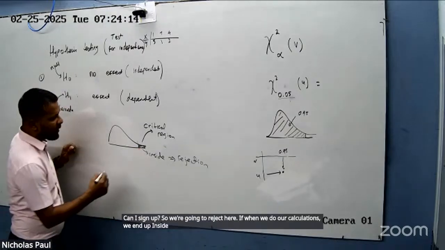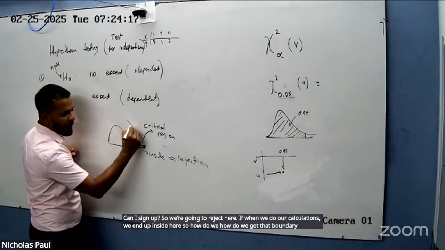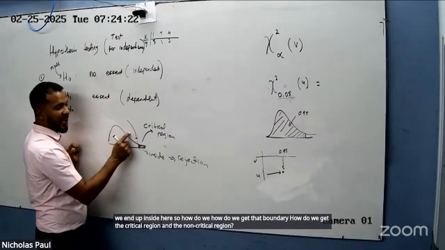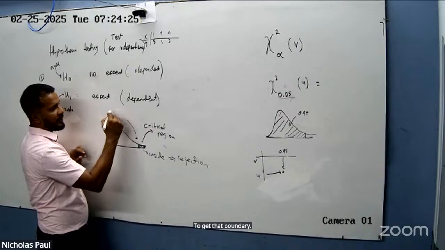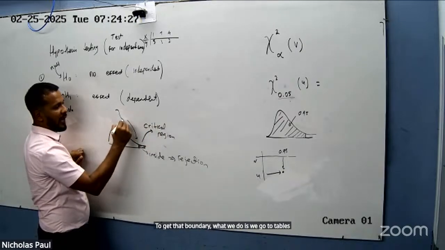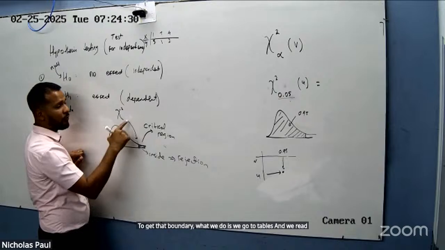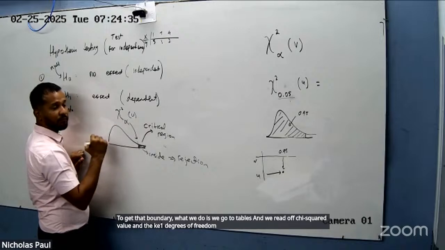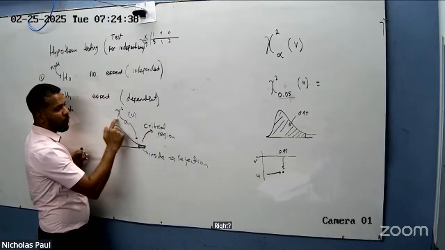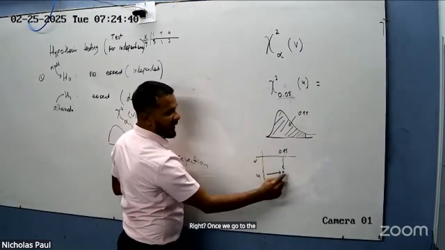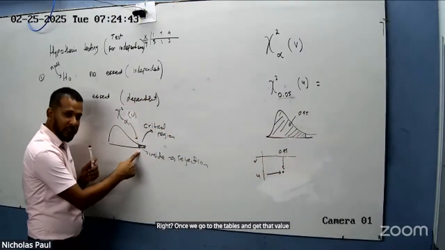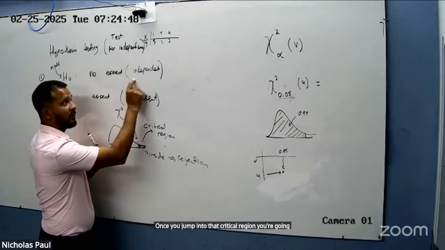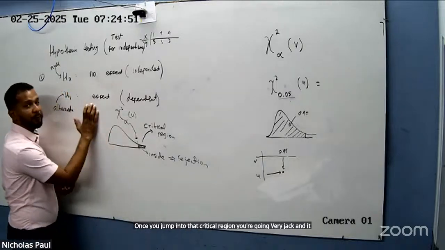So how do we get that boundary? How do we get the critical region and the non-critical region? To get that boundary, we go to the tables and read off the chi-squared value at the given degrees of freedom and significance level, right? Once we go to the tables and get that value, that is the boundary. Once you jump into that critical region, you're rejecting H naught and you're accepting this.